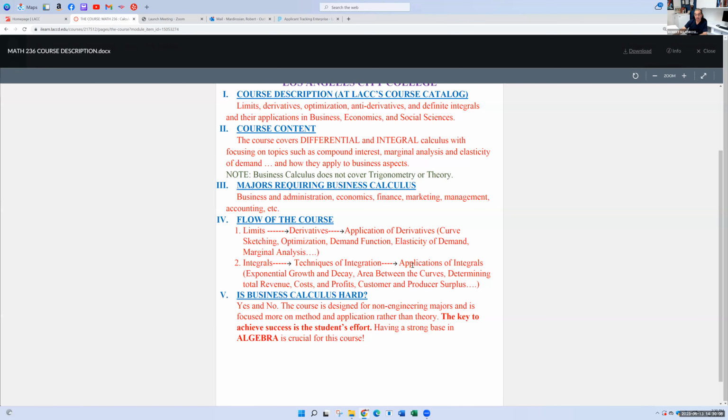Once you learn those, then integrals have applications like exponential growth and decay, area between the curves, determining the total revenue, cost, and profits, customer and producer surplus, and so on. So you're going to learn these.